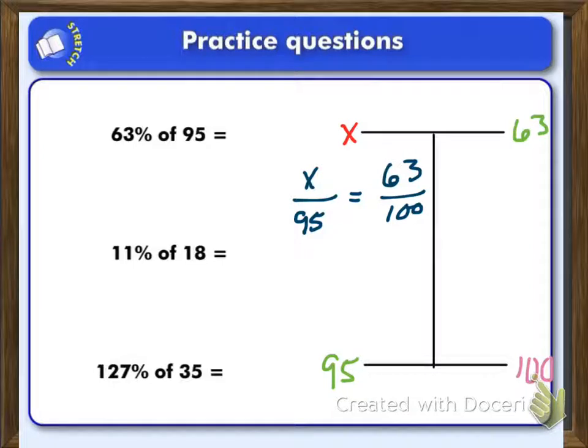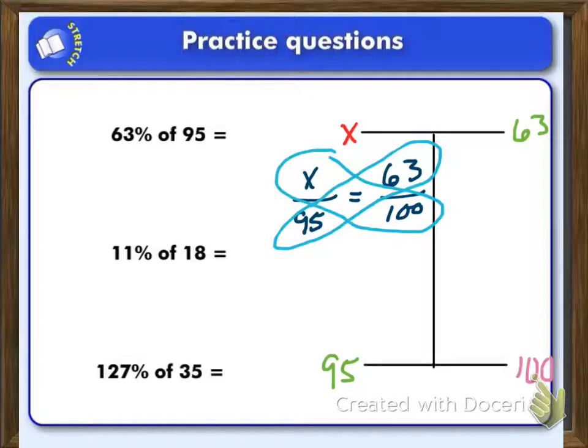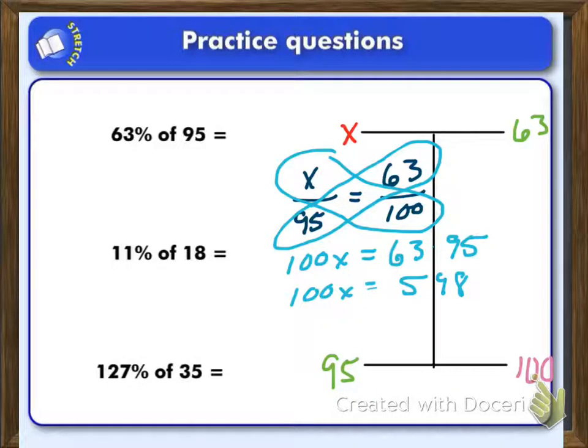Okay, my next step from here is going to be to cross multiply. So I want to make sure I do my cross multiplication. When I do that, I end up with 100x is equal to 63 times 95. Then I'm going to multiply the 63 times 95, and I get 5,985.